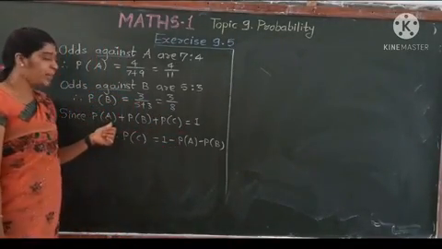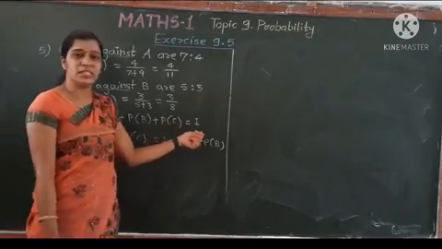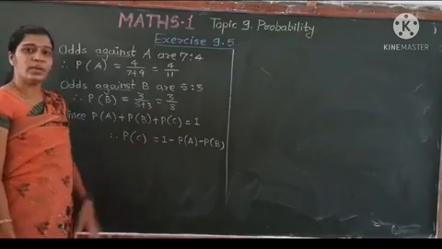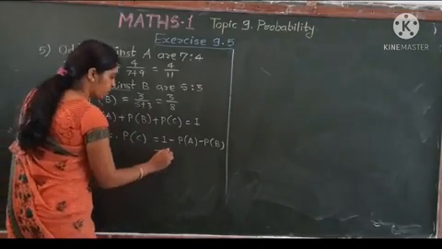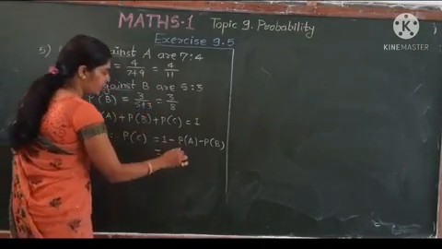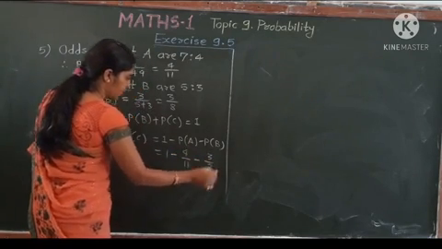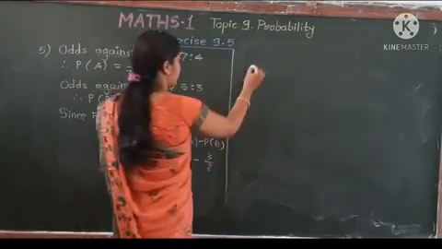We know that P of A plus P of B plus P of C is equal to 1. Therefore, P of C is equal to 1 minus P of A minus P of B. 1 minus, what is P of A? 4 upon 11 minus 3 upon 8. Calculate this first.